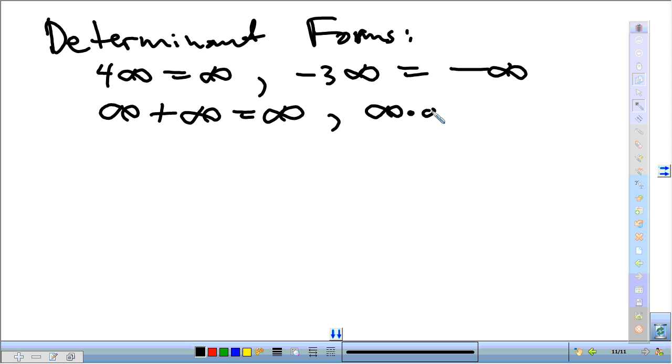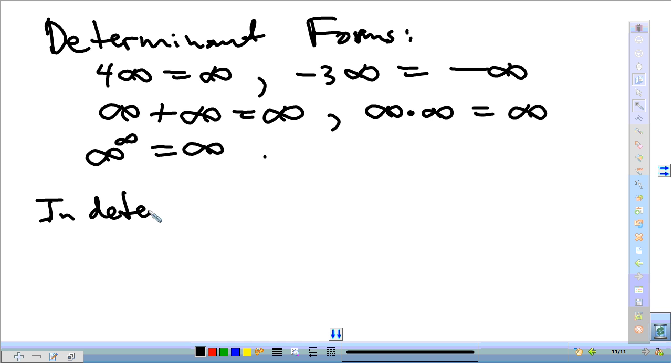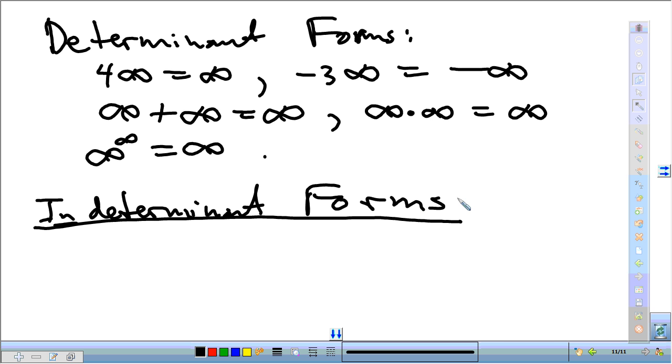Infinity times infinity is infinity. Infinity with an exponent of infinity. So, many things we can reason out to be there's only one conceptual value that it could have. But there are some cases which would be indeterminate.